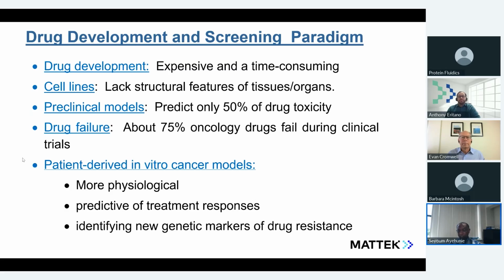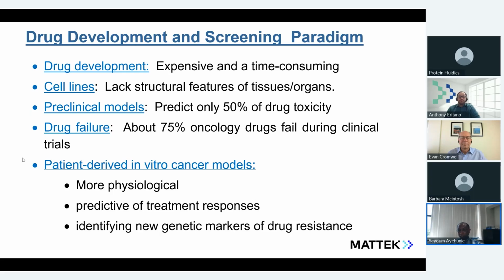And as to the preclinical models, even though they have been used to address some issues like metabolism and so on, they are poor predictors of drug toxicity and efficacy. About 90% of the drugs that pass preclinical testing fail during clinical trials.